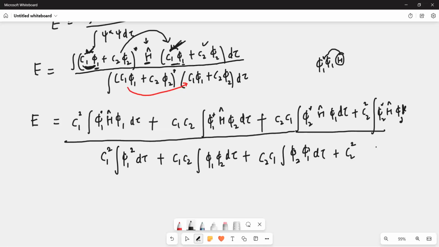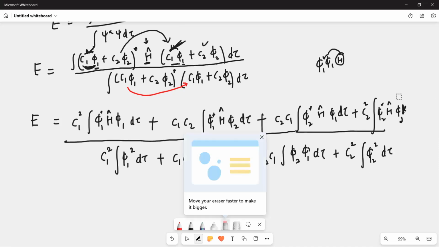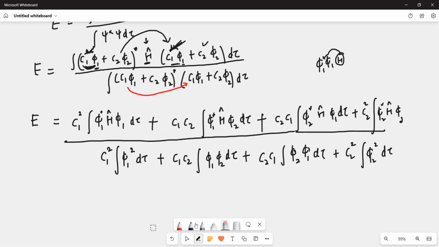Okay, C2 square, phi 2 square, d tau. Okay, so I hope this step is clear to all of you.